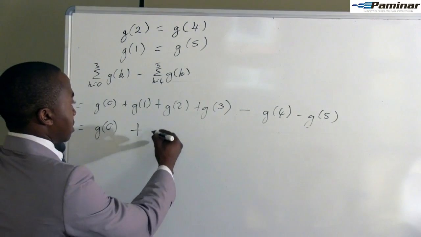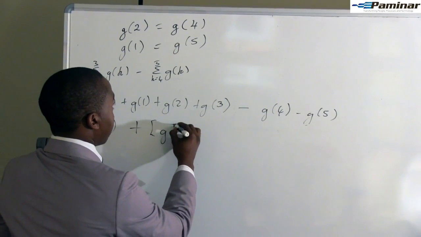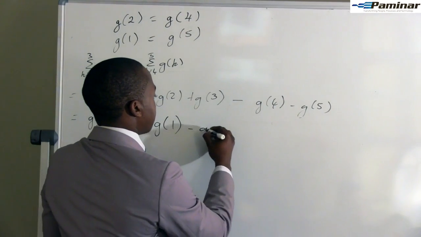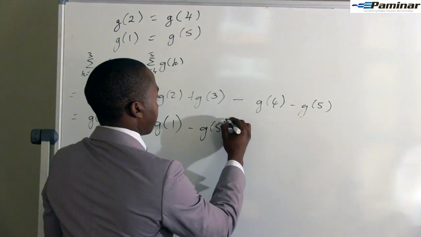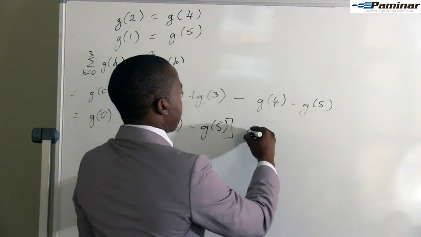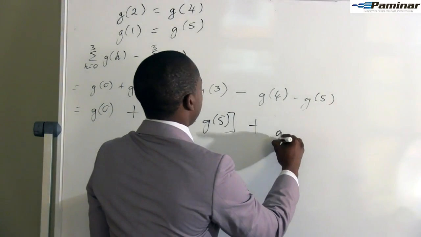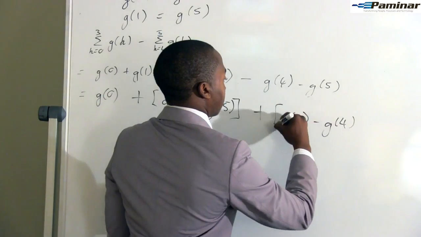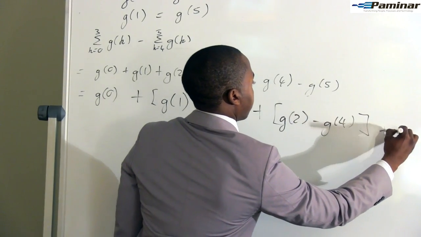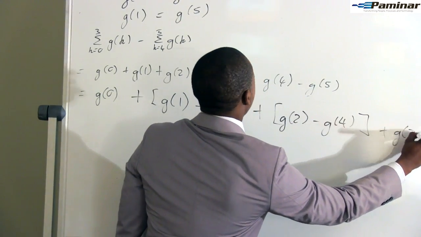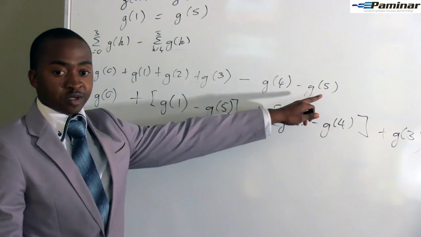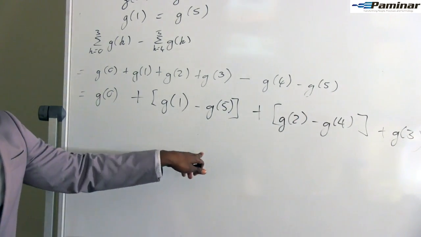So all in all, what I'm saying is this. If we come here, we're saying g of 1, then minus g of 5, plus g of 2 minus g of 4, plus g of 3. This g of 1 and g of 5, we say they're the same, so they become 0.